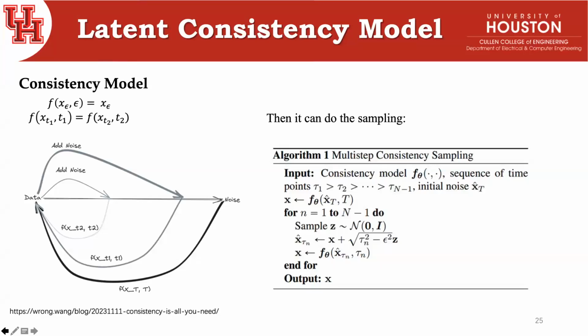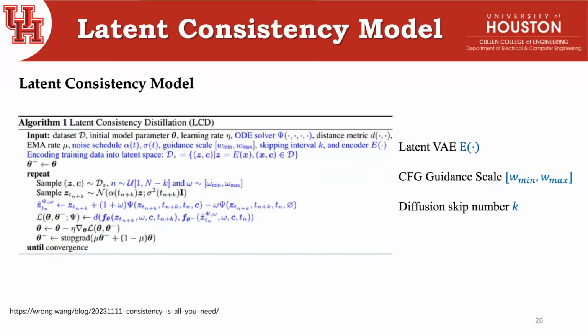At this point, they again use f theta to get the data. Then they add noise again and loop. So with multi-step sampling, they will get a better picture. So this is a consistency model.